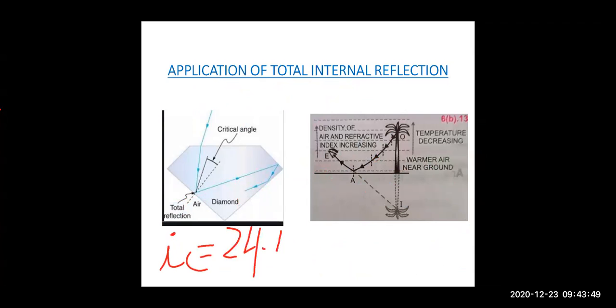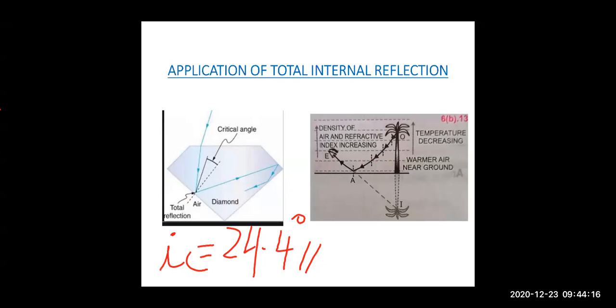So it means that if you incident the light at an angle greater than 24.4 degrees, so the angle of incidence will be greater than the critical angle, then what phenomenon will take place? Total internal reflection. That is, once light enters, it gets reflected again and again inside, and so the diamond sparkles.